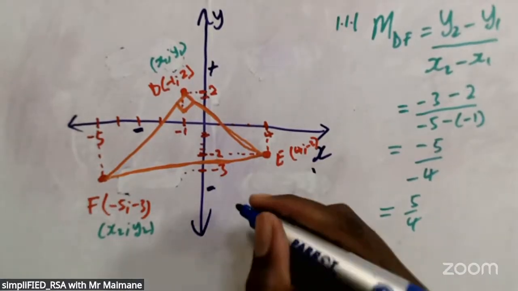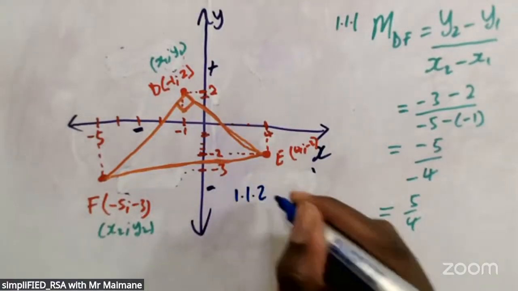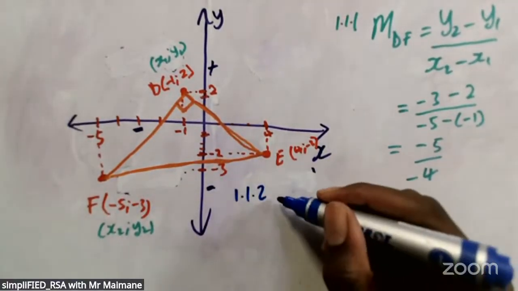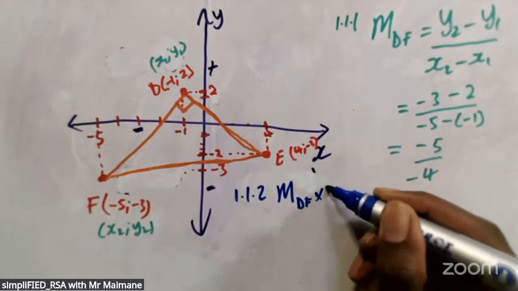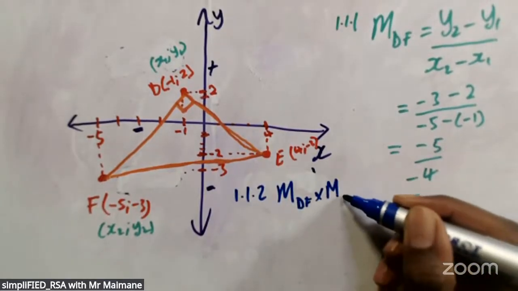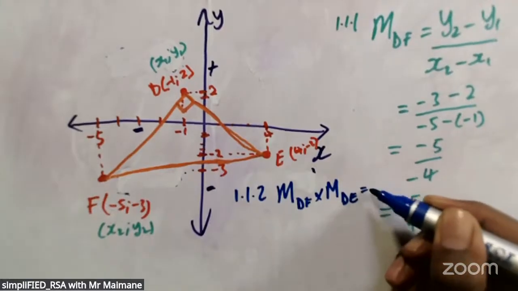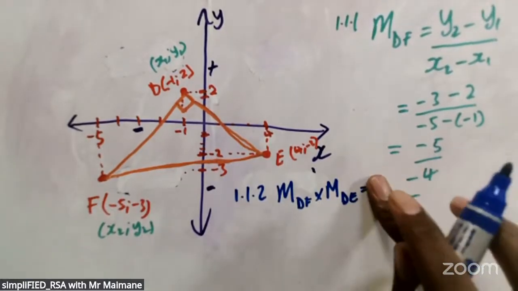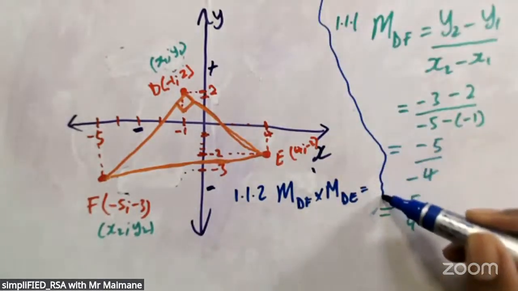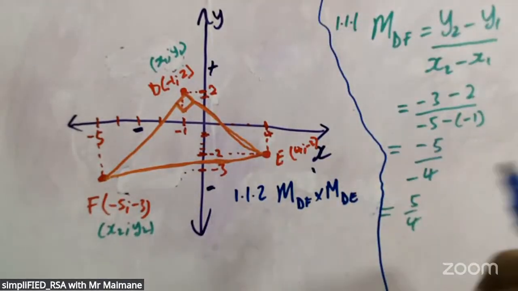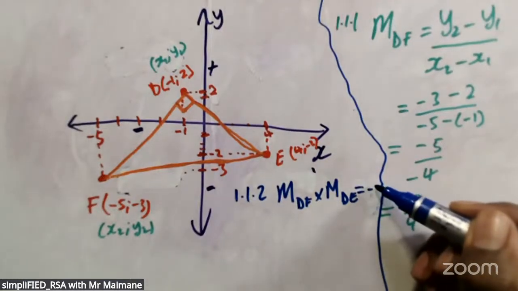1.1.2 would say gradient of DF multiplied by gradient of DE must be equal to -1.